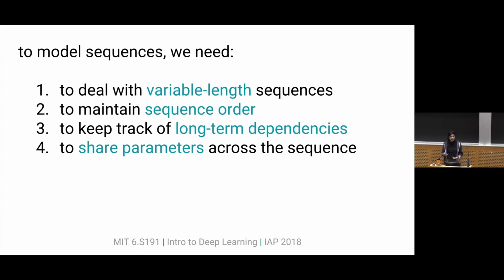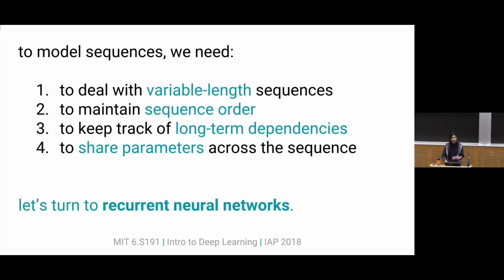Because this is a class about deep learning, I'm going to talk about how to address these problems with neural networks. But know that time series modeling and sequential modeling is a very active field in machine learning, and it has been. And there are lots of other machine learning methods that have been developed to deal with these problems. But for now, I'll talk about recurrent neural networks.